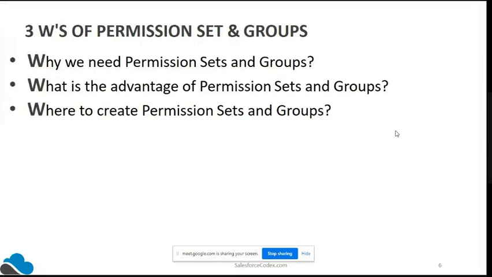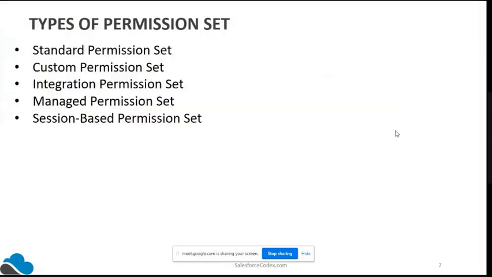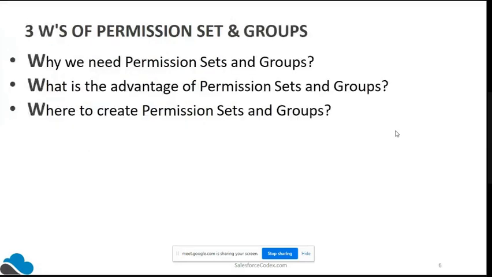Now, the main use of permission sets and groups. Even a profile can achieve the same thing, so what is the main use of permission sets? Before going into that, I will give one example. In real life, we generally have users based upon their active role, meaning whether they are an agent, a supervisor, or a manager.